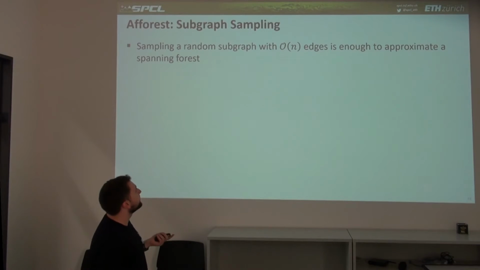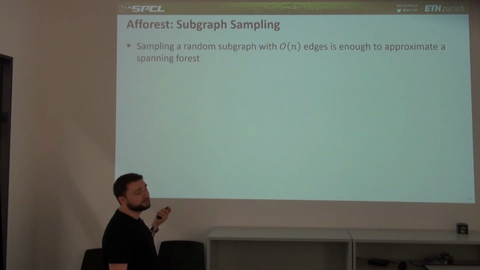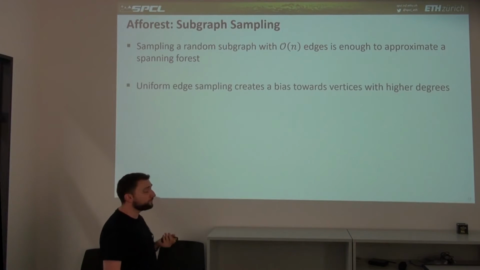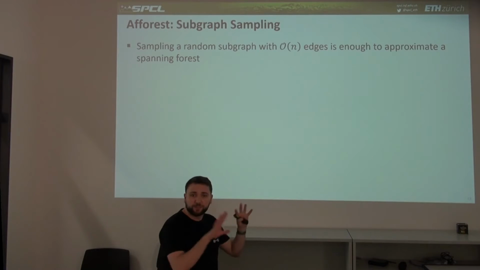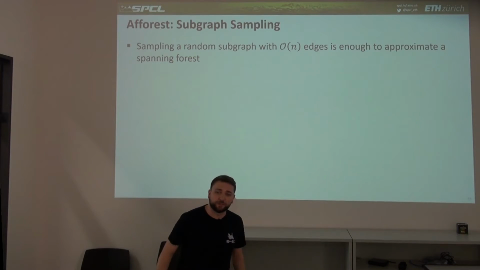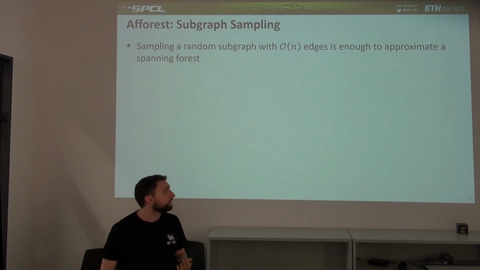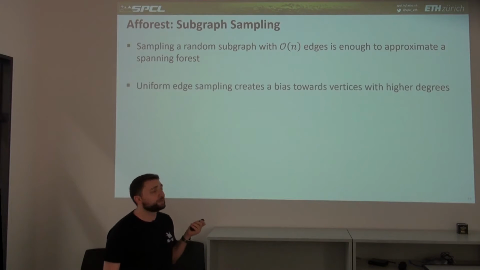Now, a natural choice for the sampling of these edges would be, for instance, sampling just uniformly, randomly sampling edges in the graph. However, this creates a bias towards vertices with higher degrees.